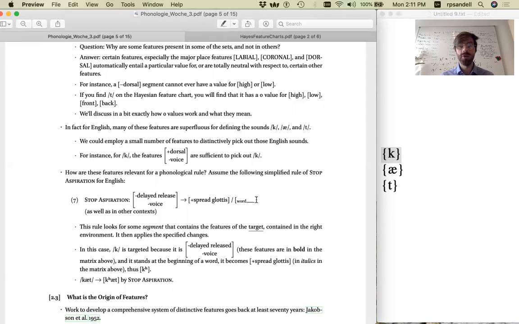Conditions are actually considerably more complicated than this, but for present purposes, this will be enough. Here, we'll use the feature minus delayed release to identify stops in English. We'll see that this feature in general is used for identifying stops in the Bayesian feature system.